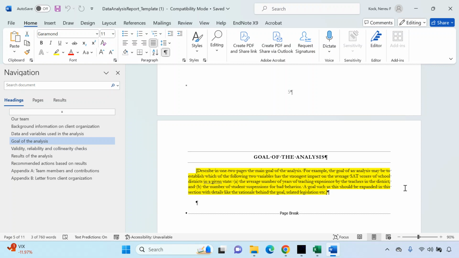If you have more pages but just text that is not very informative, it doesn't help. I actually think being succinct is a good quality for a report like this.